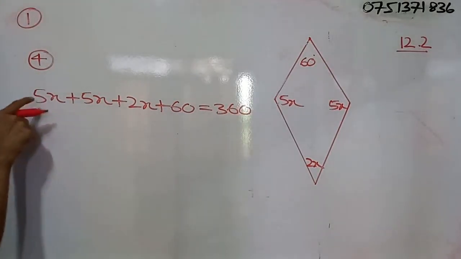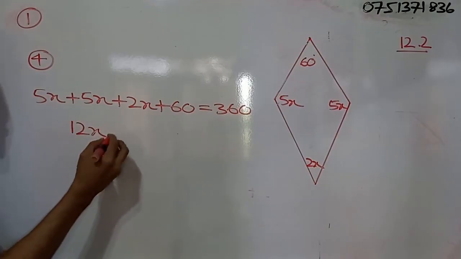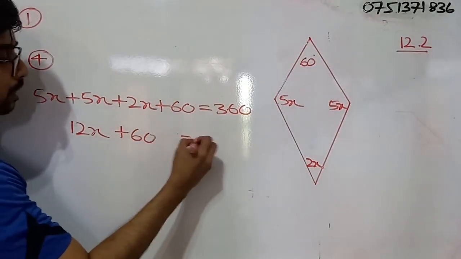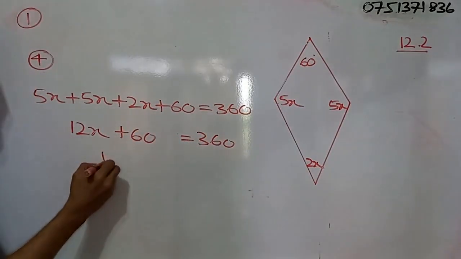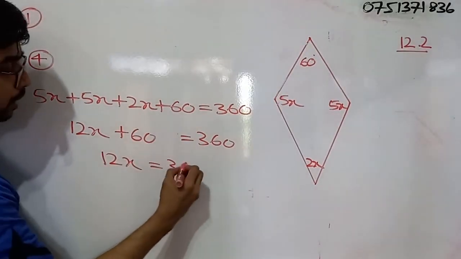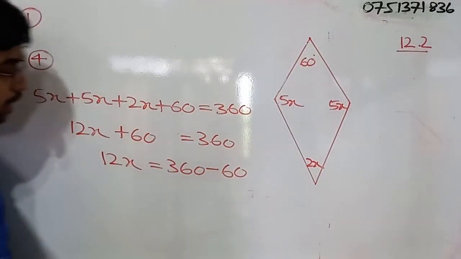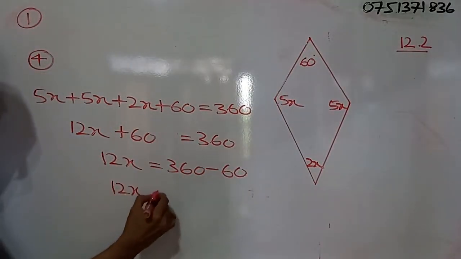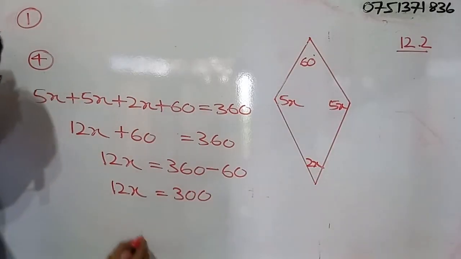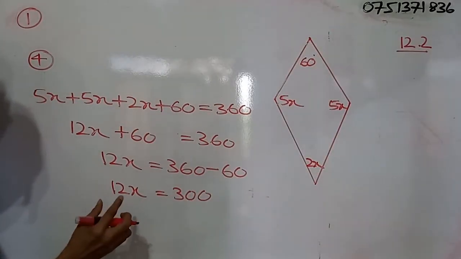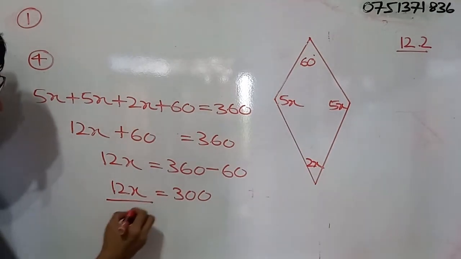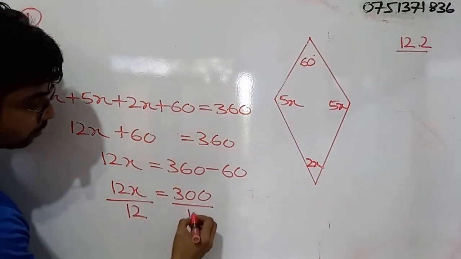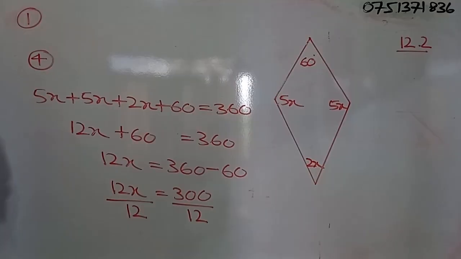Then we have to simplify this. So this becomes 12x plus 60 is equal to 360. So 12x is 360 minus 60. So 12x is 300. So we have to calculate the value of x. So we have to divide this side by 12. Do the same thing to the other side.